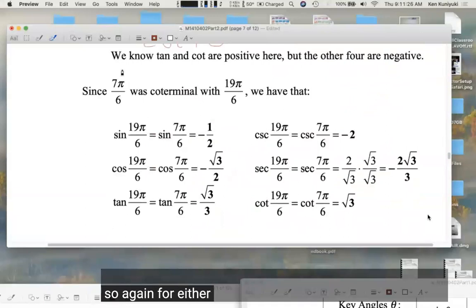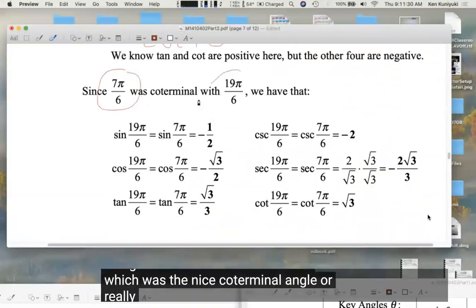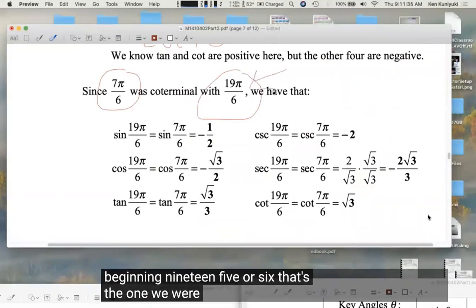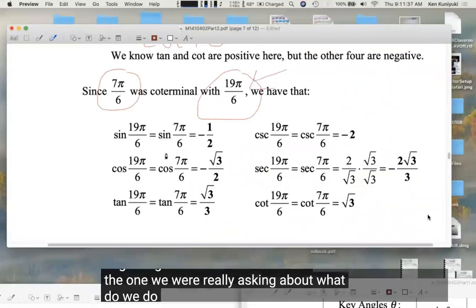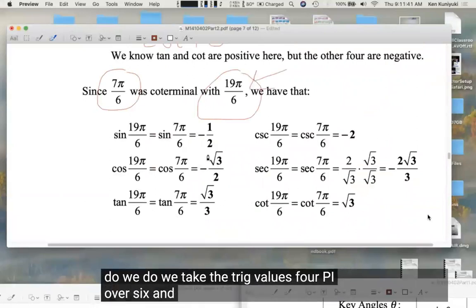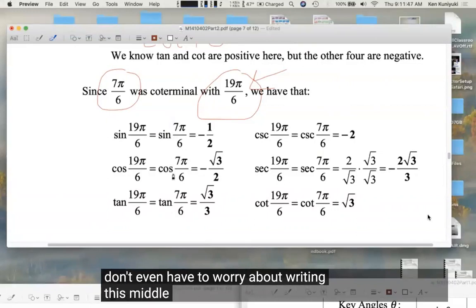So again, for either 7 pi over 6, which was the nice coterminal angle, or really the one we cared about at the beginning, 19 pi over 6, that's the one we were really asking about, we take the trig values for pi over 6 and just sign them appropriately. As you do your work, you don't even have to write this middle column out.